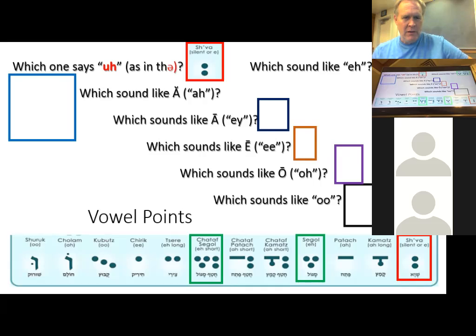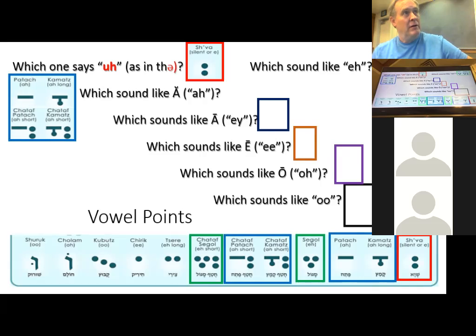That's the patach and the kamatz, as well as the chatuf sounds, which have the little shva with them. So those are the ones right down there. So with 3 sounds, we have 7 of the 12 taken care of. Okay, that's the ah sound.